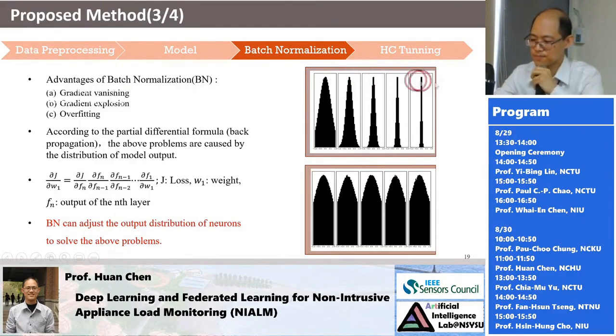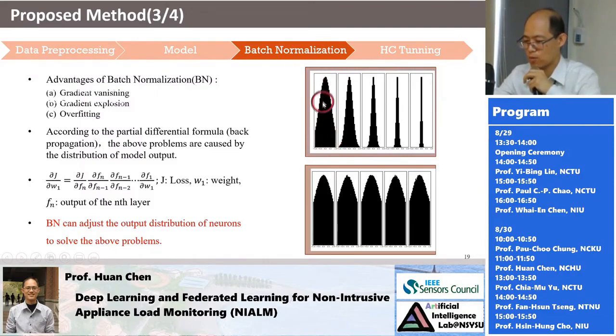As you can see, several books or papers have also provided this information already, and we also prove that it can solve the gradient vanishing and gradient explosion problem. On the right-hand side, as you can see, this is the output of the weighting distribution without batch normalization.